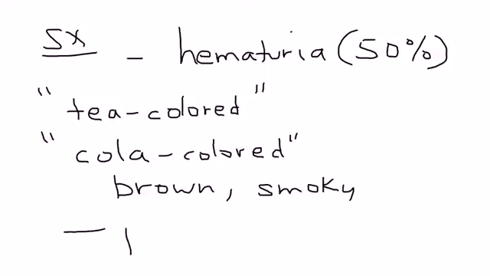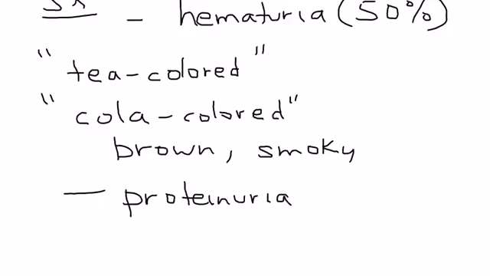In addition to hematuria, the patient will also have protein in their urine. And other symptoms or signs on physical exam will be edema, and then they also will have high blood pressure because of the kidney damage. Now, the diagnosis involves some very important tests.